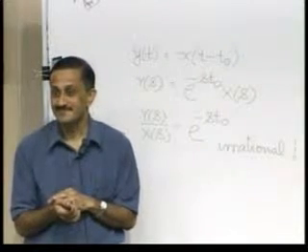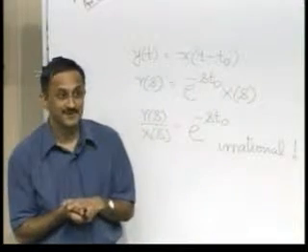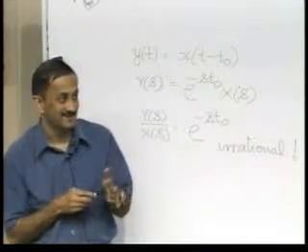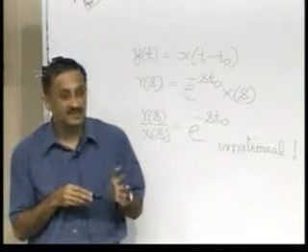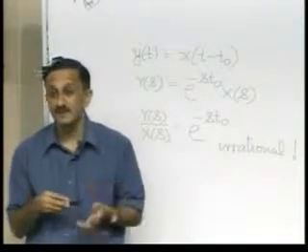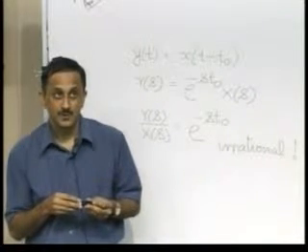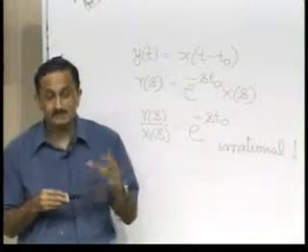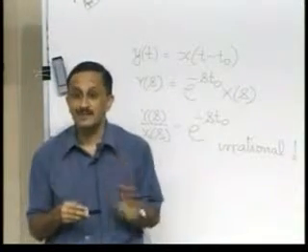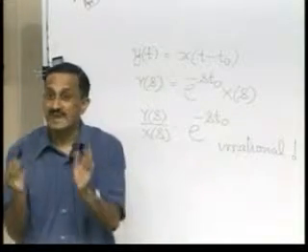You may ask, well, such a system, a system that delays a continuous time input by a certain fixed amount, what makes it unrealizable? Well, the problem is, it is possible to approximate the delay within a certain band of frequencies reasonably accurately.